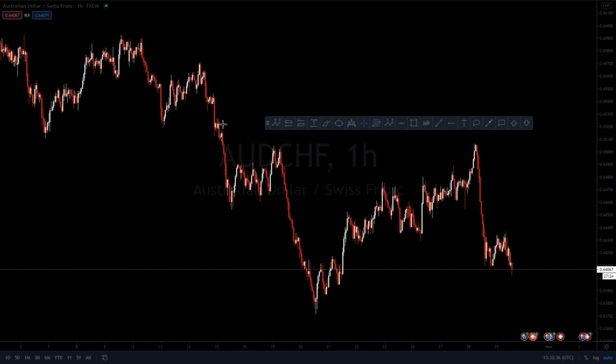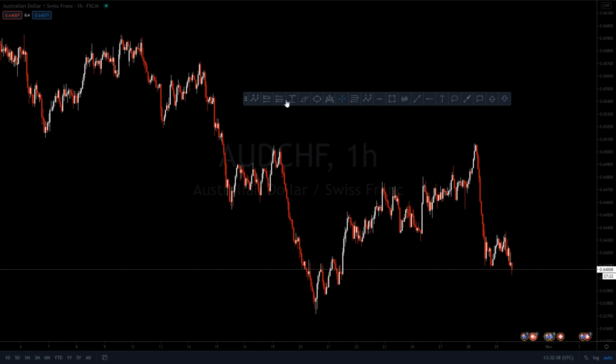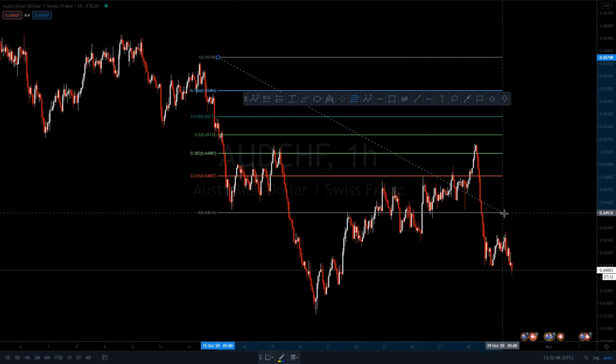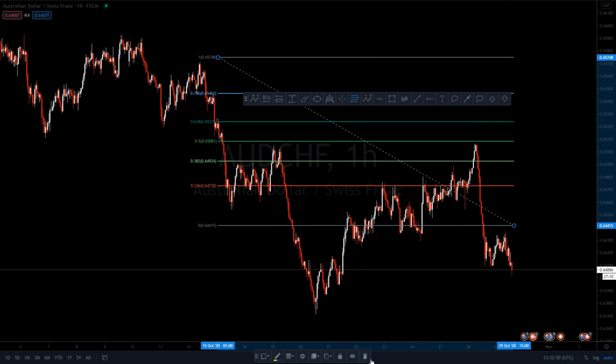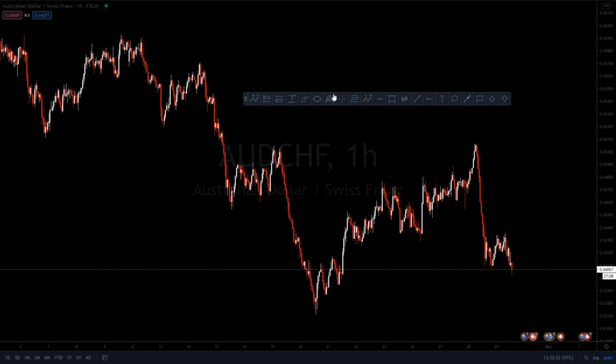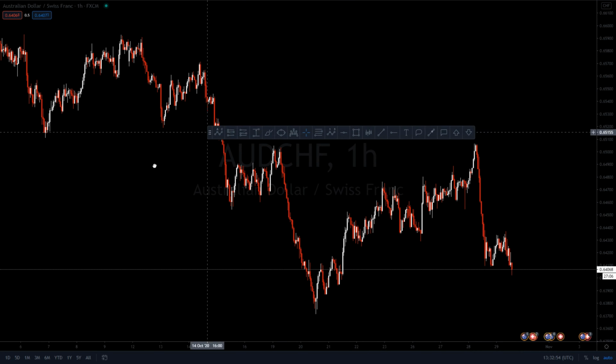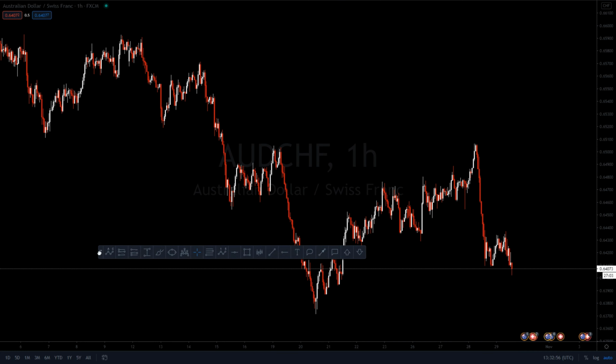So as you can see right here on my favorites, I have a lot of tools here, right? These are the tools that I use in my analysis. But one of them that we are going to be discussing today is called the Fibonacci retracement. But before that, there is something we call Elliott wave theory.